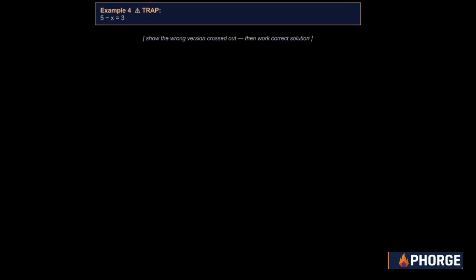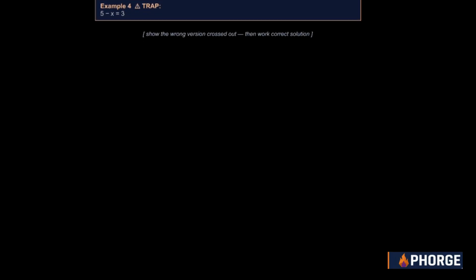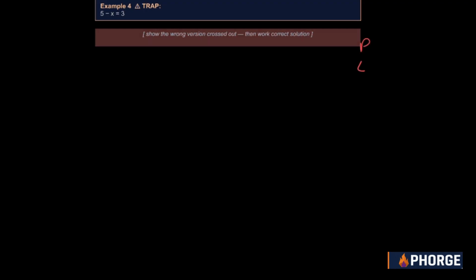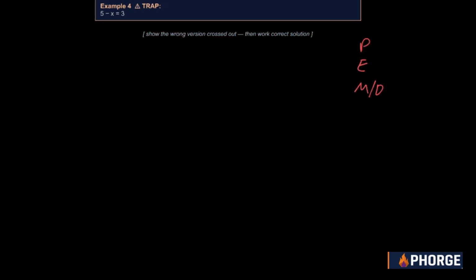Okay, let's take a look at example number 4. It's a trap problem. So let's figure out what the trap is going to be. We'll write PEMDAS off to the side, keep ourselves straight. And since we're doing an expression, we're going from bottom to top.